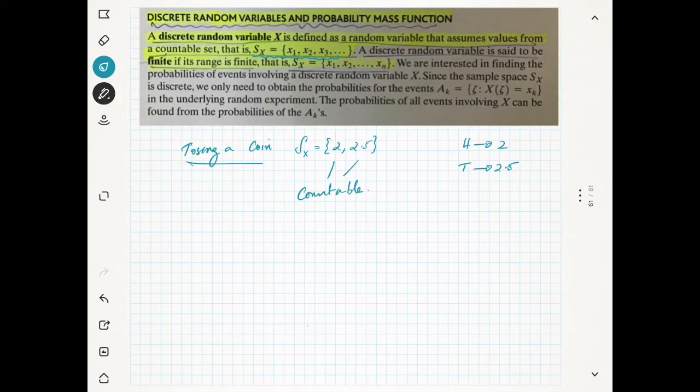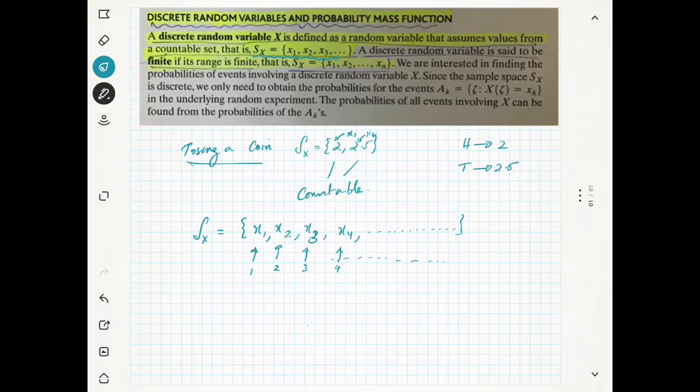In a discrete random variable you can have elements like x1, x2, and in general you can have x3, x4, and it will continue like this. You can say this is the first element, second element, third element, fourth element.